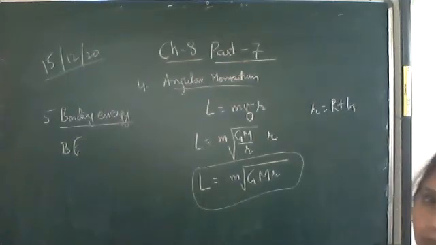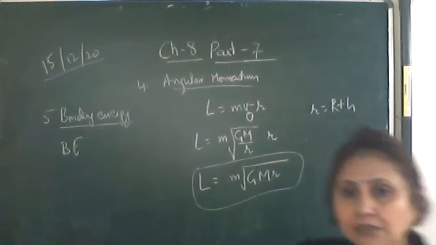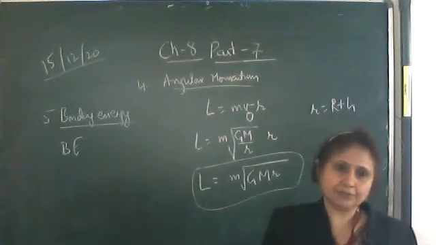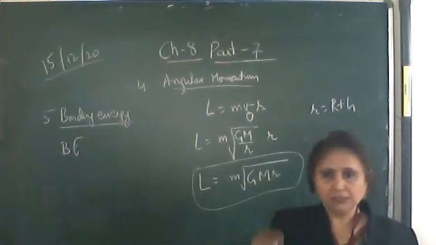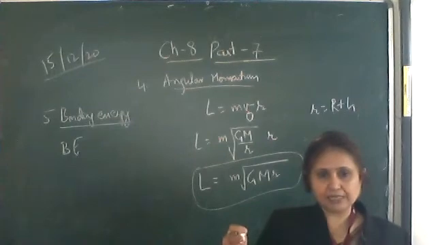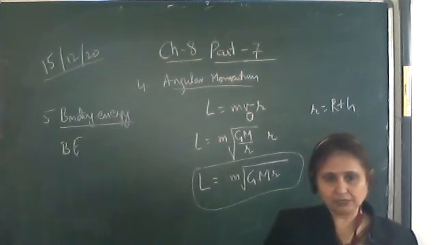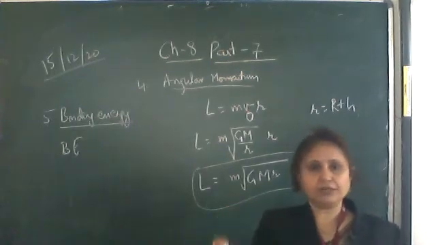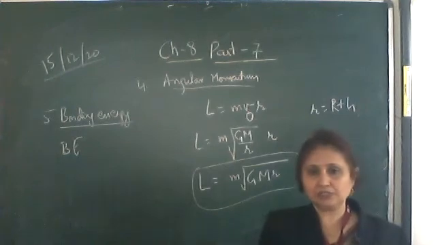Then write down binding energy. How is binding energy defined? It is the energy required to remove the satellite from its orbit. There is some energy of the satellite, which is the total energy, due to which it is revolving around the Earth.